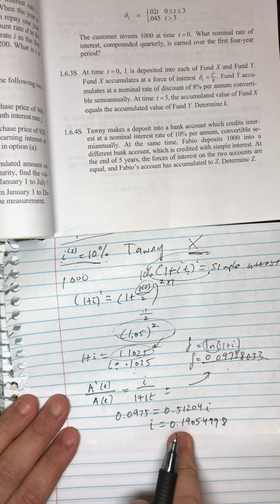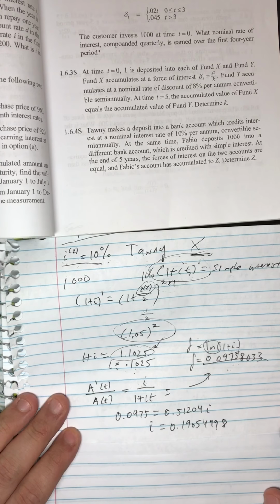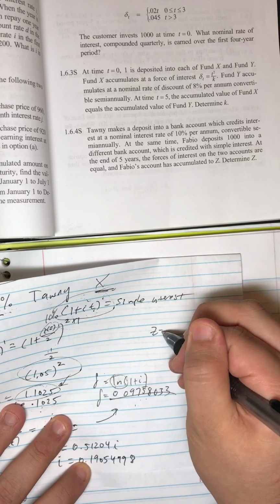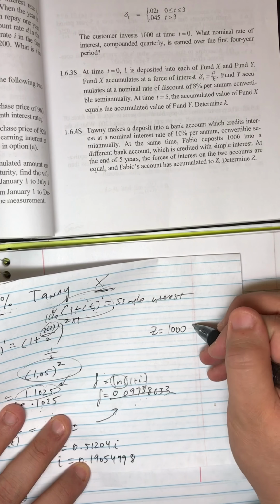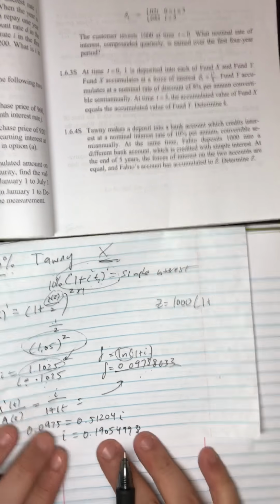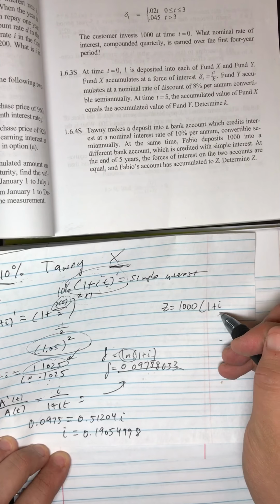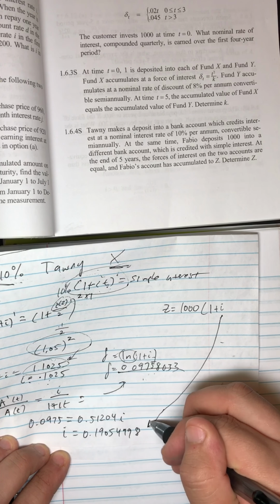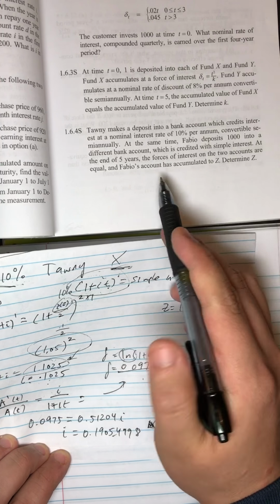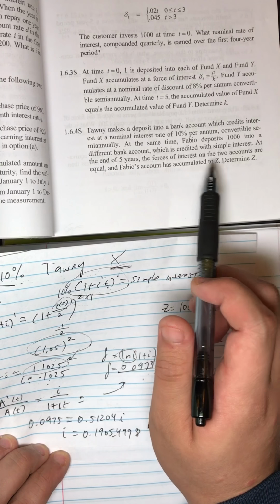So now that we have this, we can finally solve for Z, which is what Fabio's account accumulated to. So we'll do it right over here. Z equals, and then he deposited 1,000 times, we use the simple interest formula, 1 plus i, and I'll make an arrow right here saying that that's i, and then we have that this accumulates at the end of 5 years.